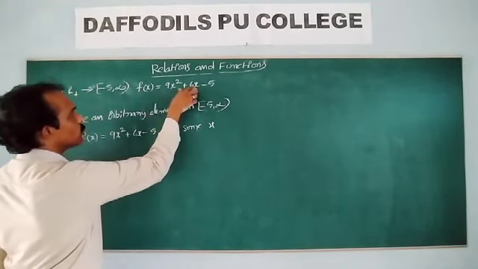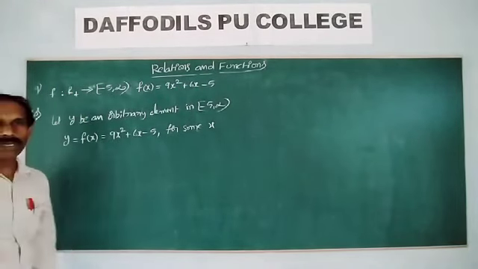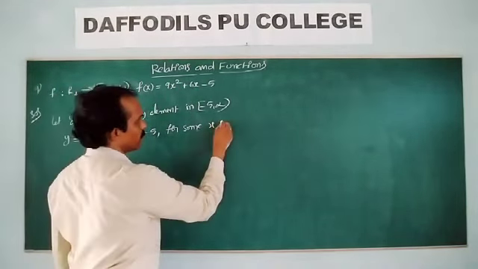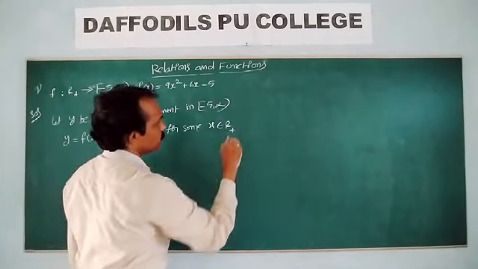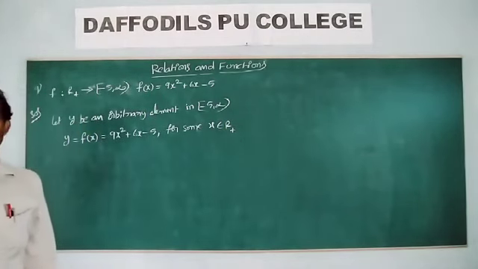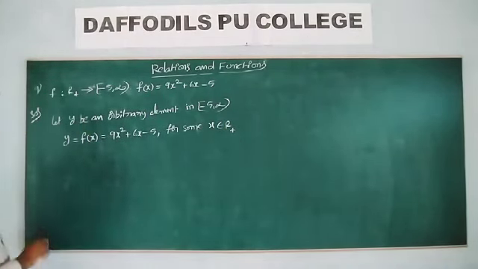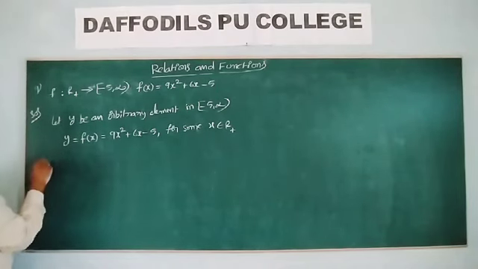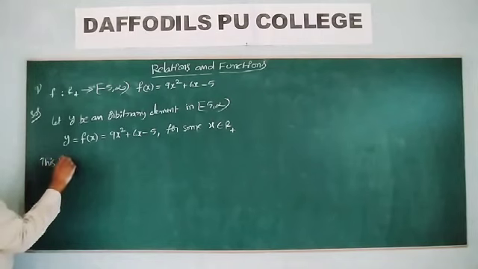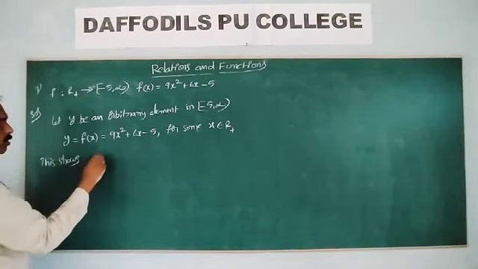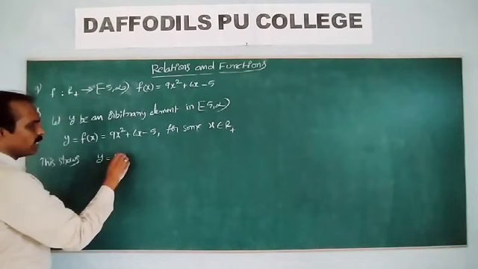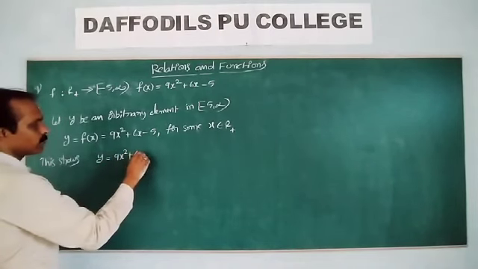Consider these x values, chosen from the domain R plus. For some x belongs to R plus, this shows y is equal to 9x square plus 6x minus 5.